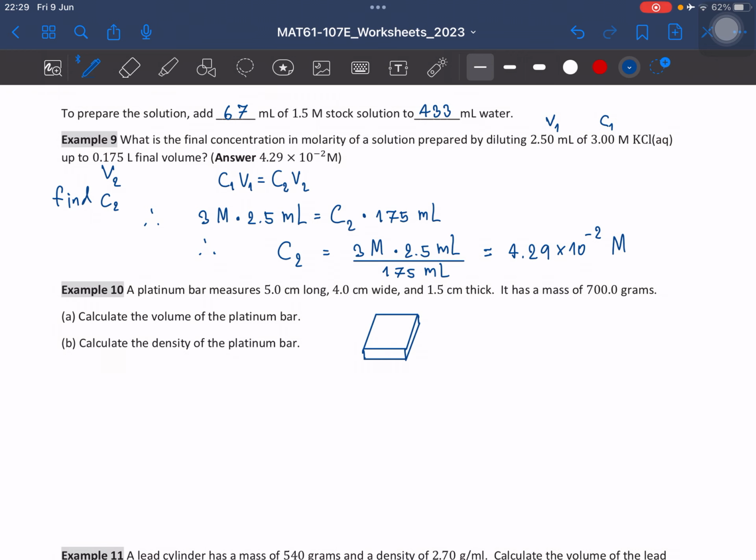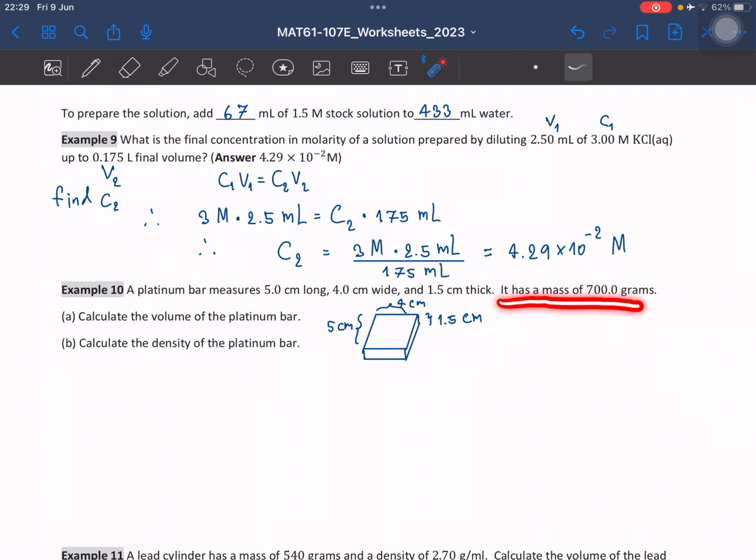Okay, we have 5 centimeter long, 4 centimeters wide and 1.5 centimeter thick.